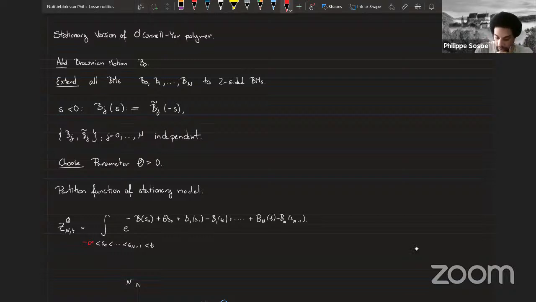If you want the picture, you have a Brownian motion in this direction from 0, and then you run another Brownian motion backwards in the other direction. From now on, we'll just say Bj is a two-sided Brownian motion. Note that if t is bigger than s, Bj(t) minus Bj(s) is still a Brownian increment. So: add a Brownian motion, extend all the Brownian motions to be two-sided, and then choose a parameter theta that's positive.